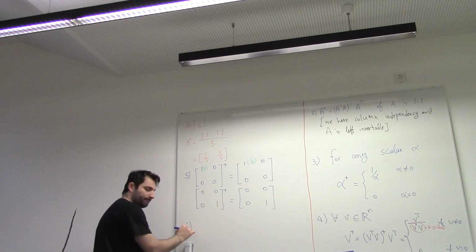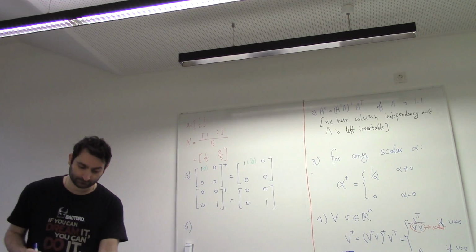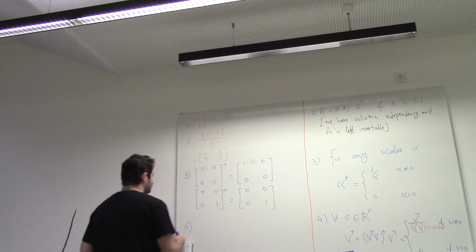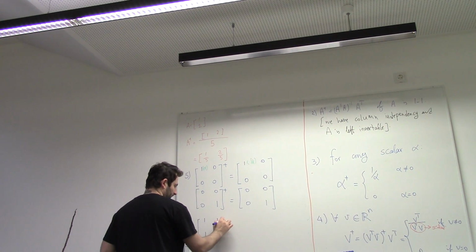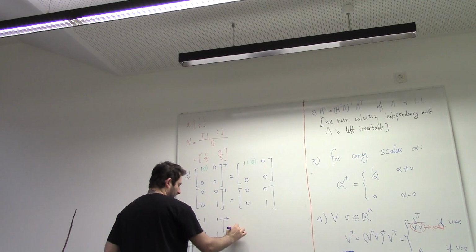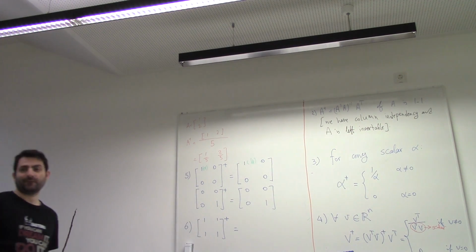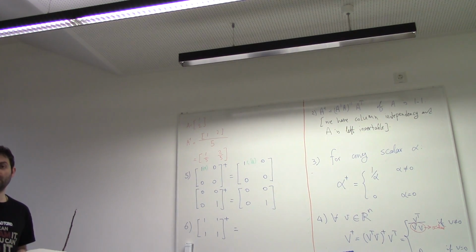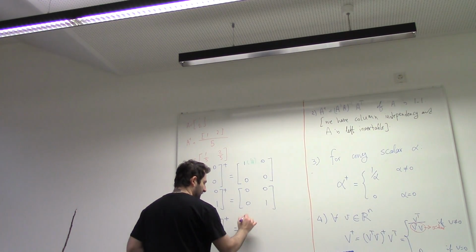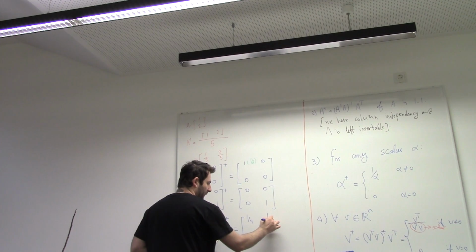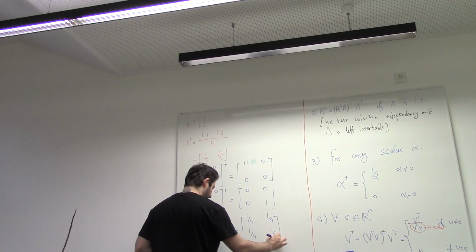Sixth one. If we have the 2 by 2 matrix of ones, the pseudo-inverse is 1/4, 1/4, 1/4, 1/4.